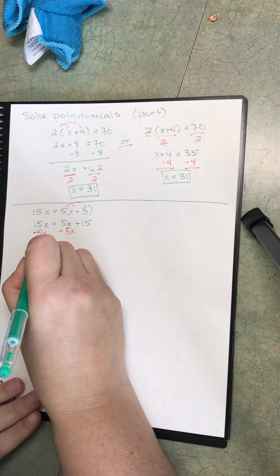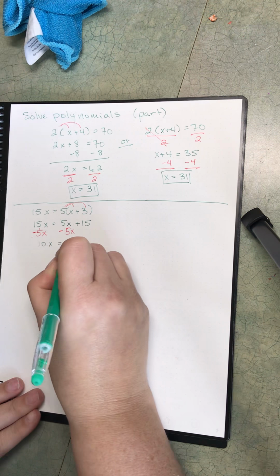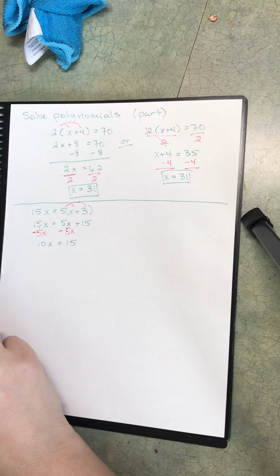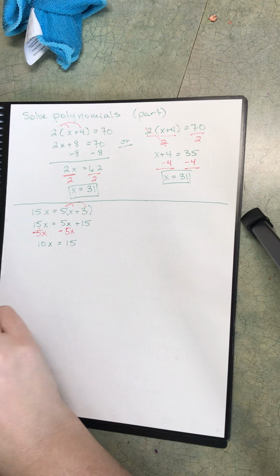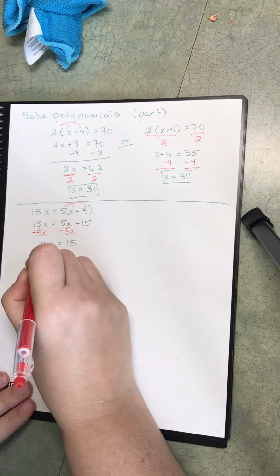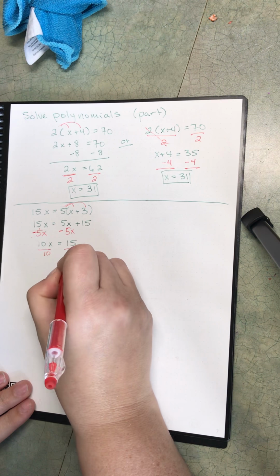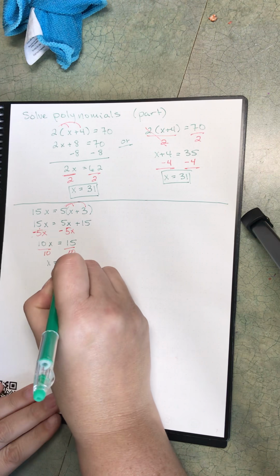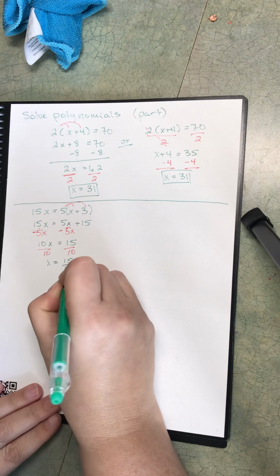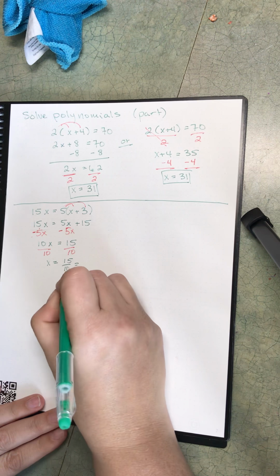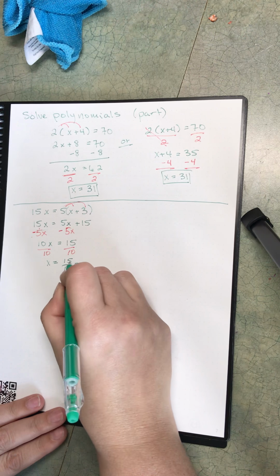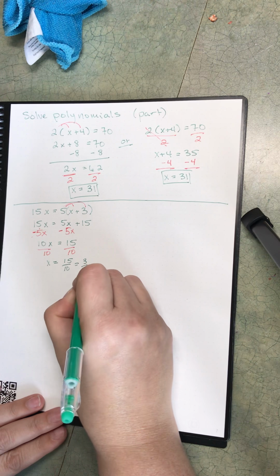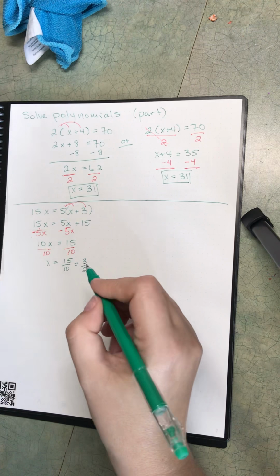So I end up with 10x equals 15. And now I'm going to divide by 10. So I get x equals 15 tenths. And I can simplify this fraction to be 3 halves. Okay, so there's my answer.